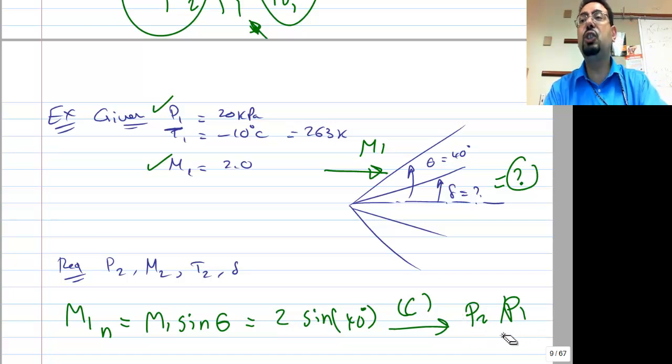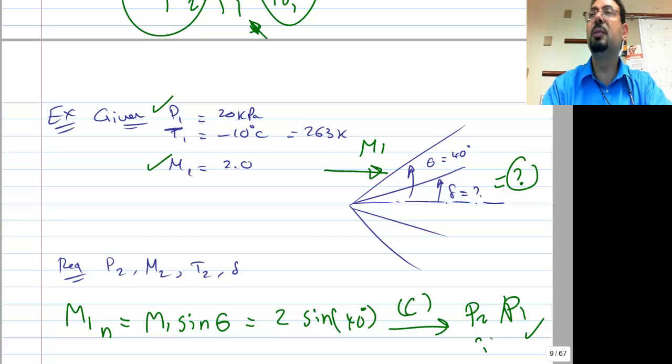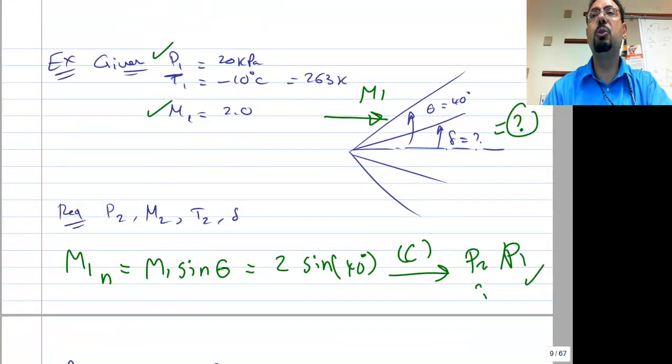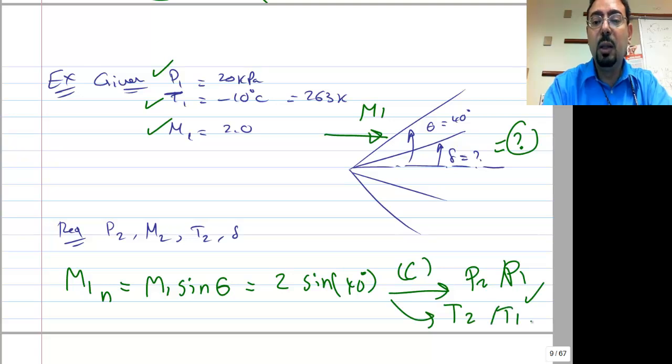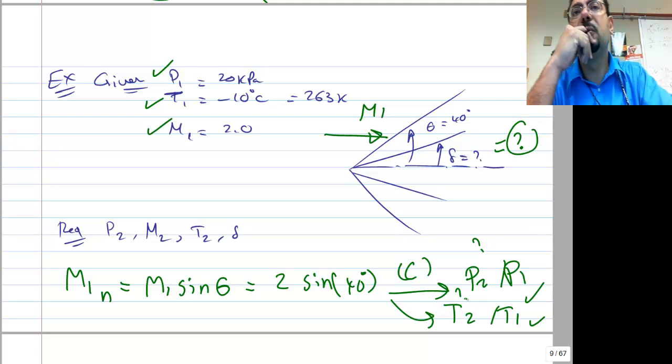And once you have this ratio, and you know P1, you calculate P2, right? Got it? How about T2? The temperature after the shock, if you know the temperature before the shock. Same thing, right? From M1 normal, you will also get T2 over T1. You know T1, you can solve for T2.